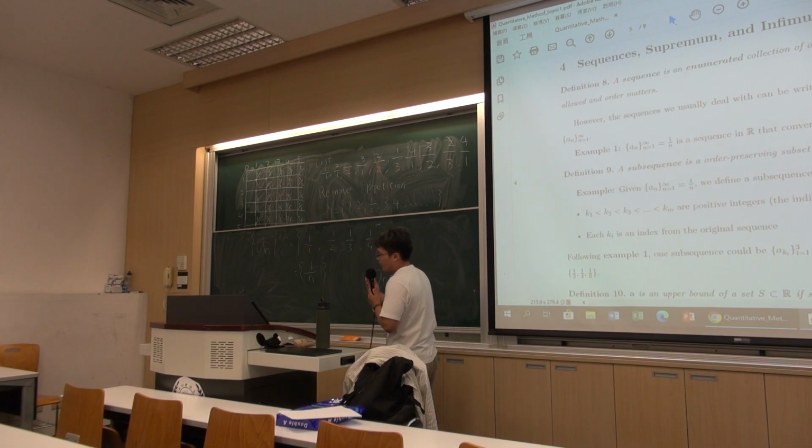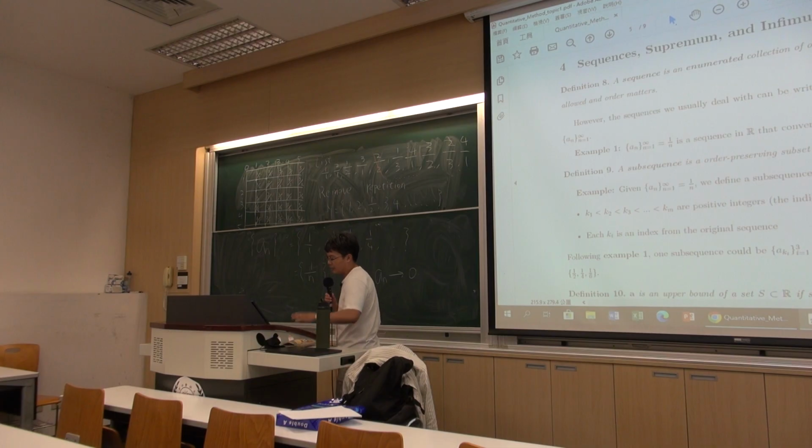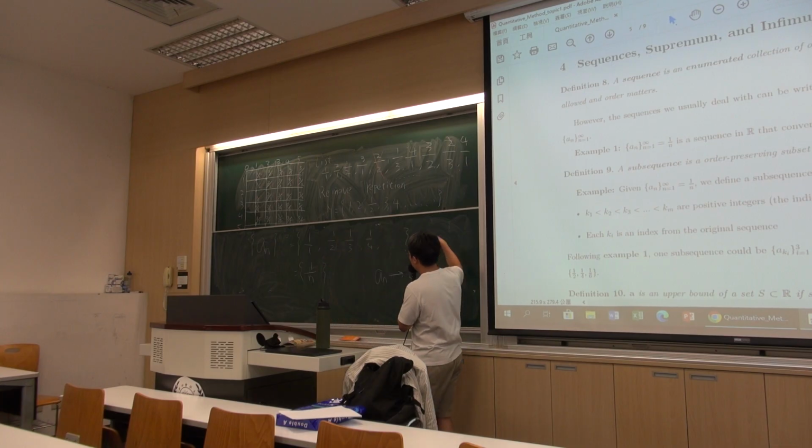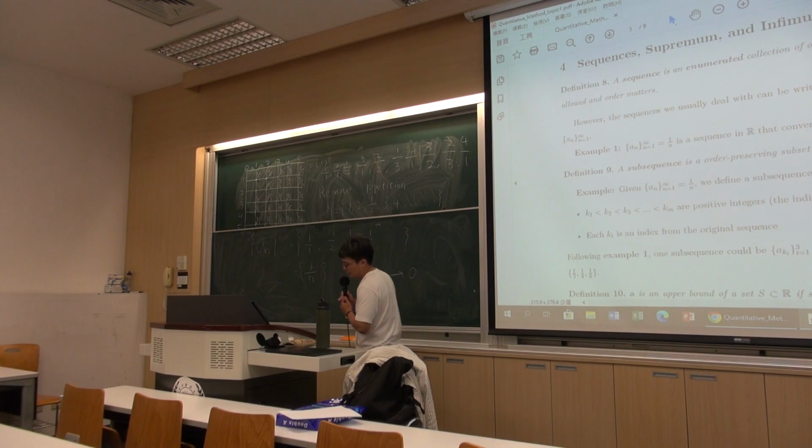I'm going to talk about the concept of convergence in a later topic. But for now, you can easily see that the numbers keep shrinking and go to zero here.